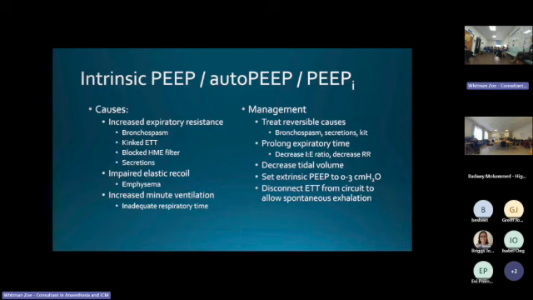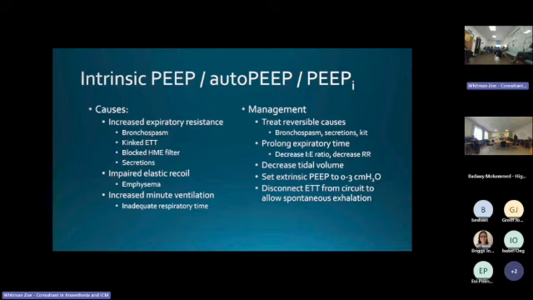And yeah, secretions and stuff. Emphysema works in a similar way to bronchospasm, but it's kind of just the lungs aren't very elastic and that doesn't work as well. And like I said, if there isn't enough expiratory time, because people have just increased the respiratory rate a lot, then that will happen.